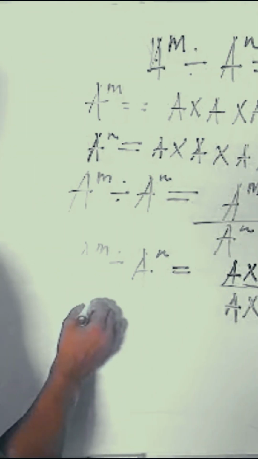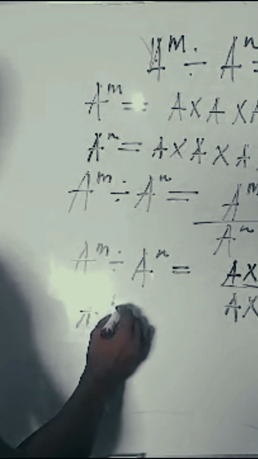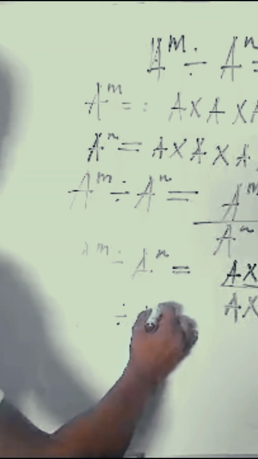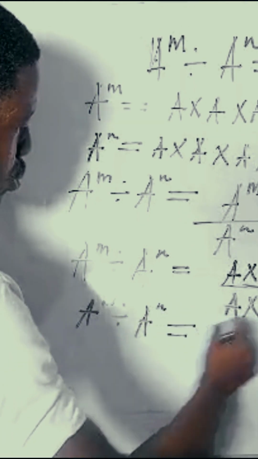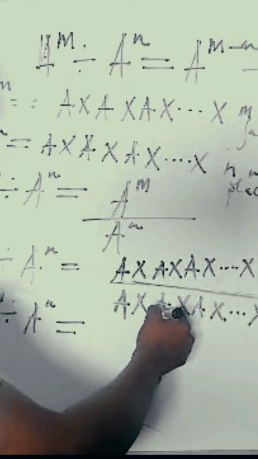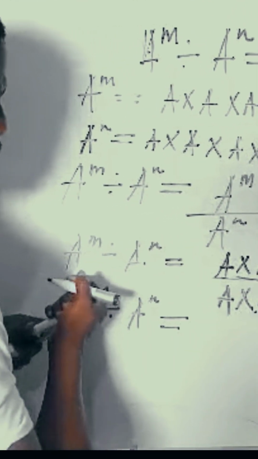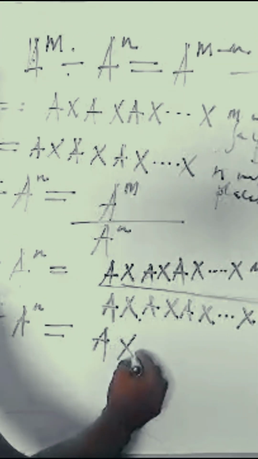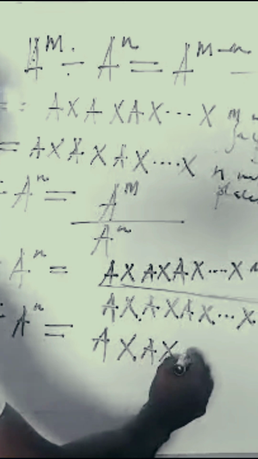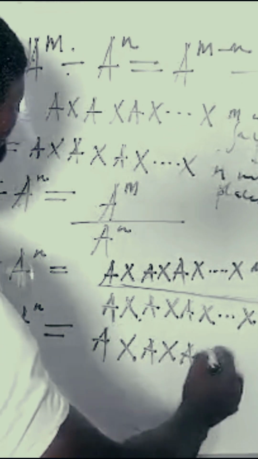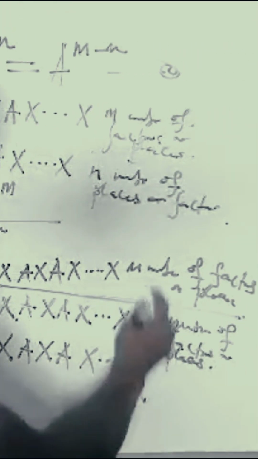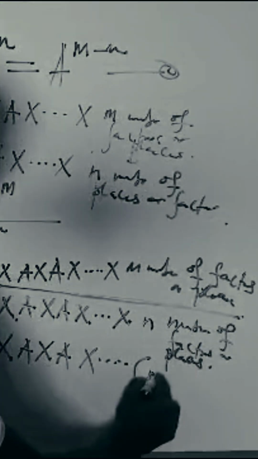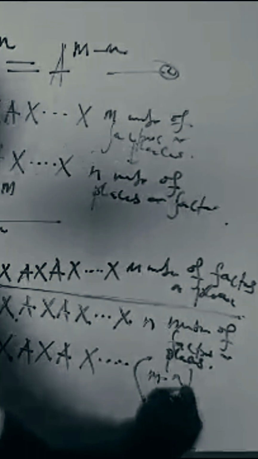So from this, a raised to the power m divided by a raised to the power n is now equal to, we will cancel some of the a's at the numerator against the denominator, leaving behind a times a times a and so on, m minus n factors.